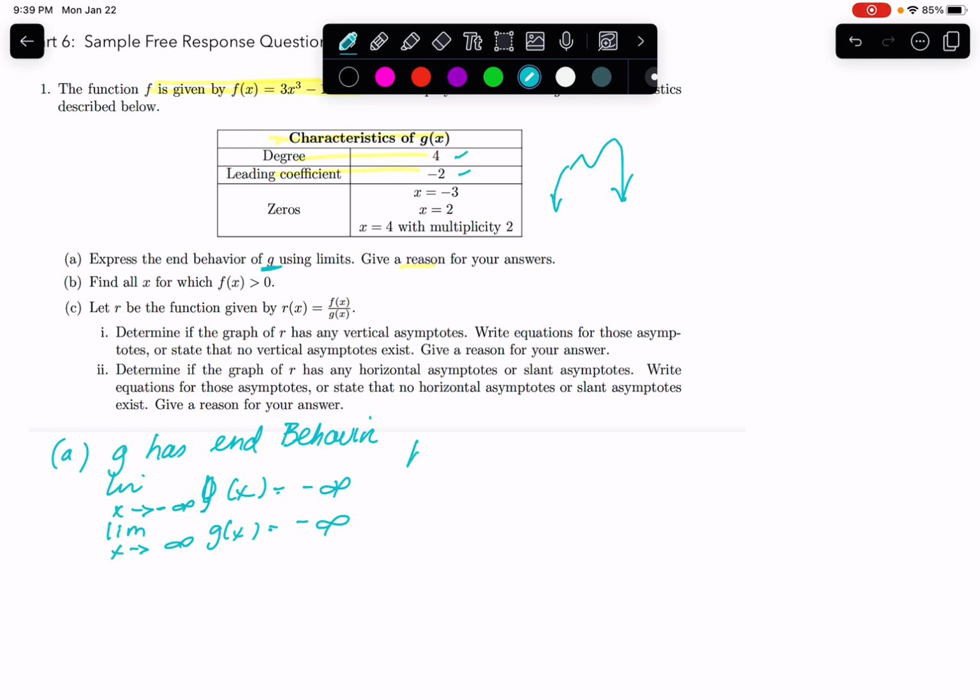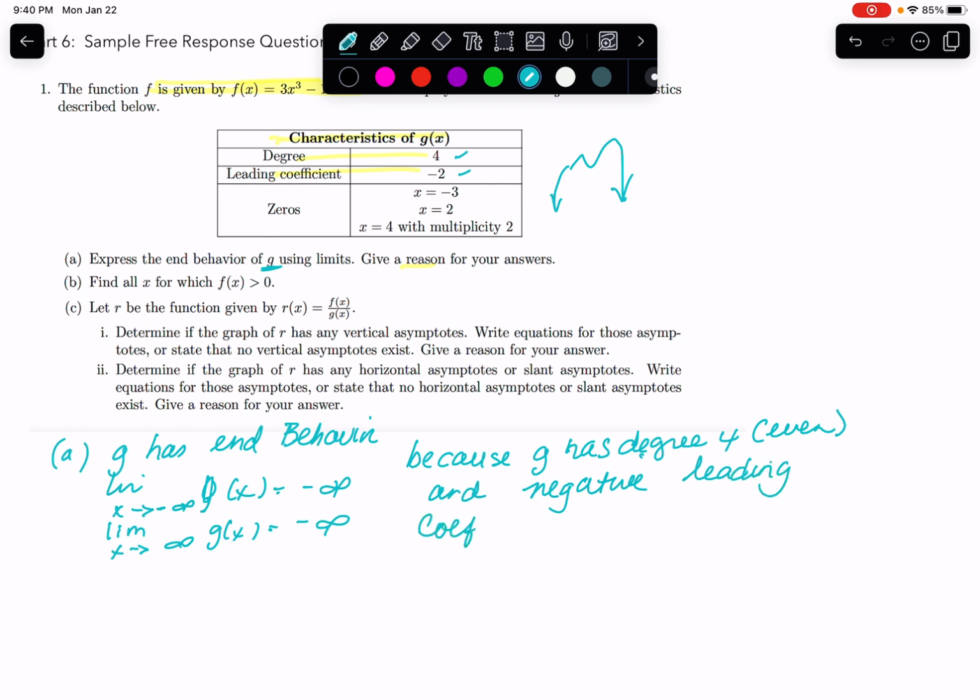And that's, we're going to say, because g has degree 4, we can even add the even, right? It's even degree and a negative leading coefficient. Okay, so that would be the reason for A.